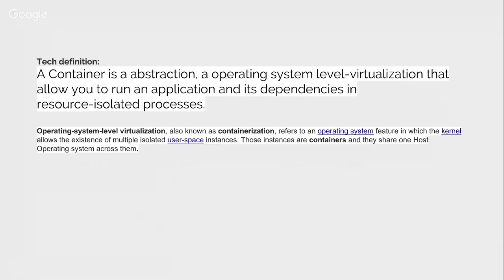So the tech definition of a container is an abstraction, operating system level virtualization that allows you to run an application and its dependencies in a resource isolated process. Operating system level virtualization is also known as containerization.